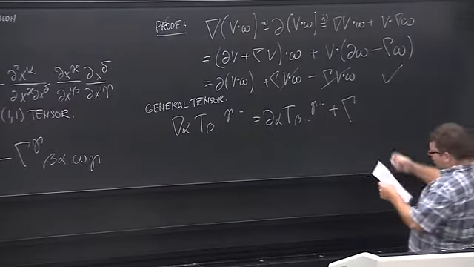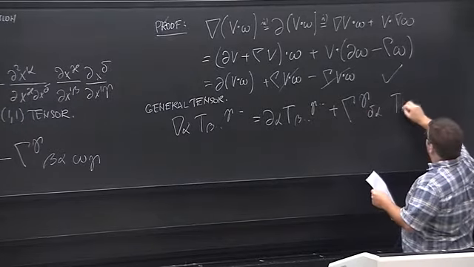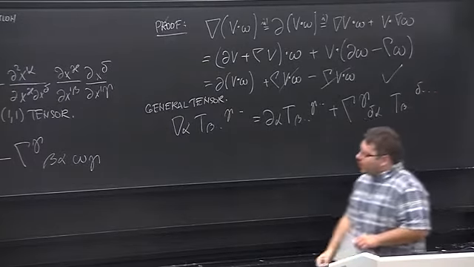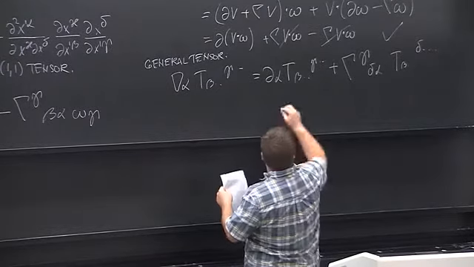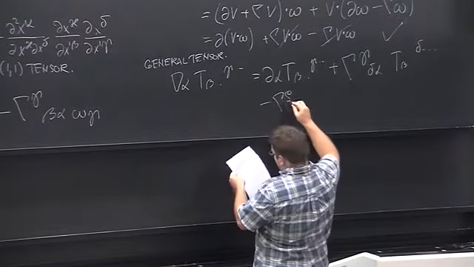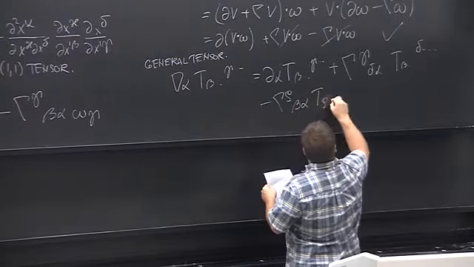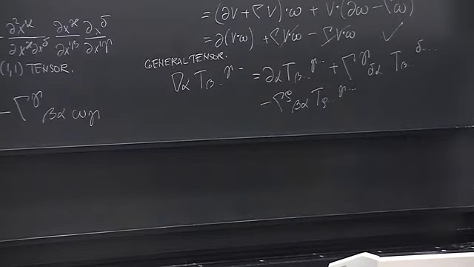So it's gamma delta alpha, T beta, delta, and so on. And then for indices which are downstairs, I have a minus gamma term. It's minus gamma rho, beta alpha, T rho, gamma, and so on. So this is how you would differentiate a general tensor.